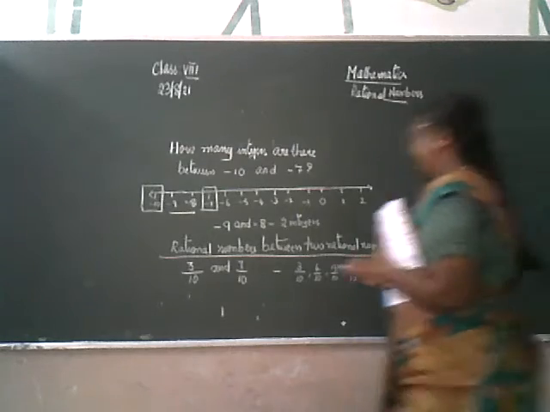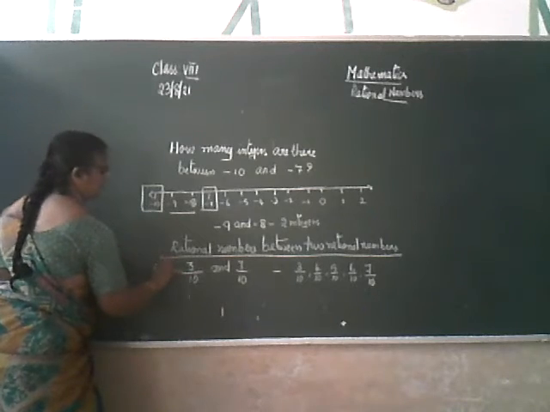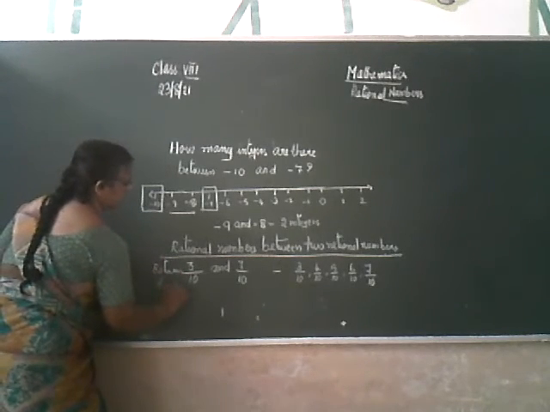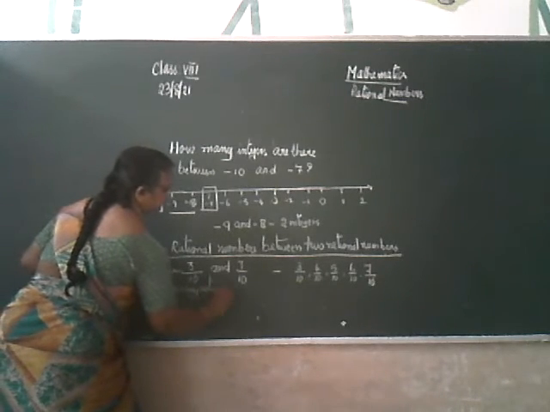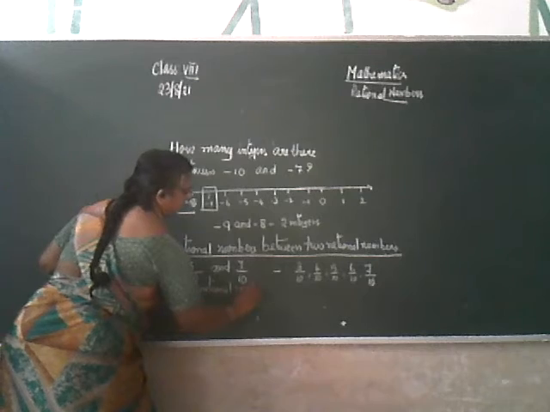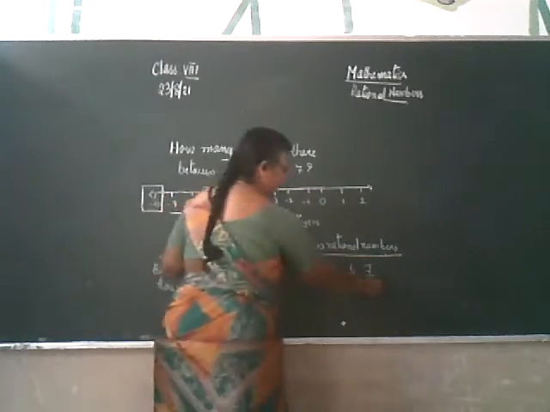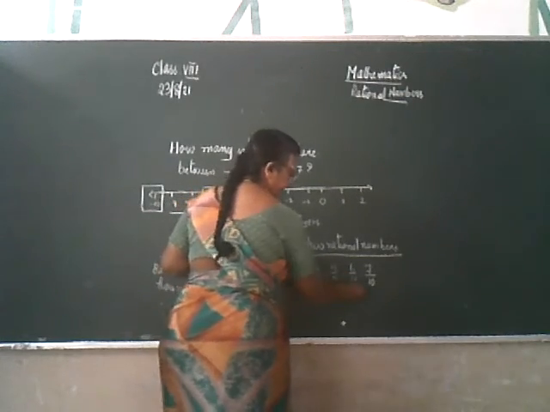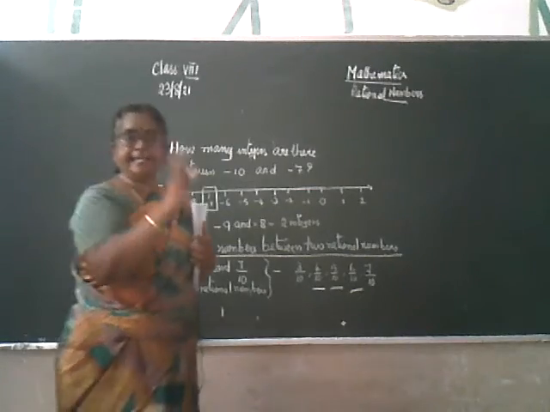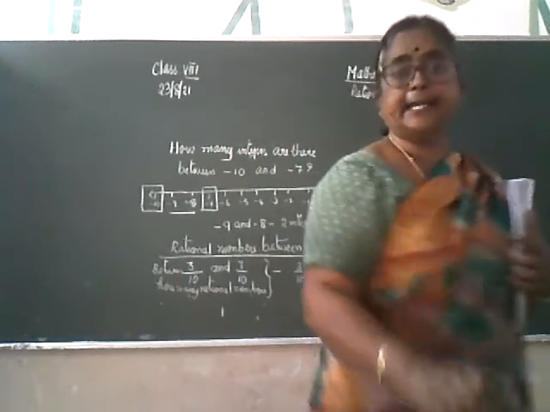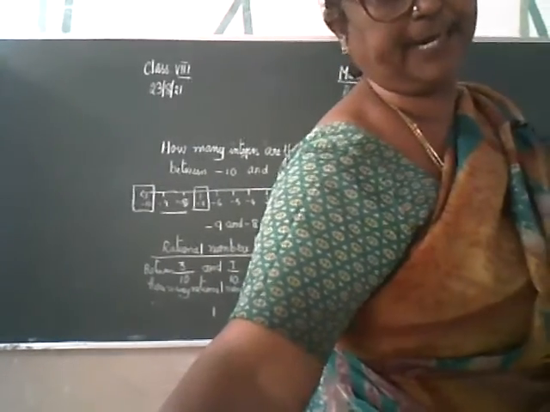Between 3 by 10 and 7 by 10, in between you will have 4 by 10, 5 by 10, 6 by 10. So how many rational numbers are there? There are 3 rational numbers in between 3 by 10 and 7 by 10.